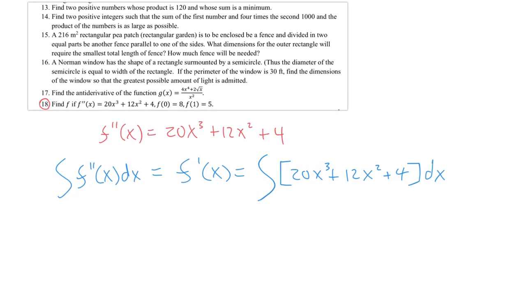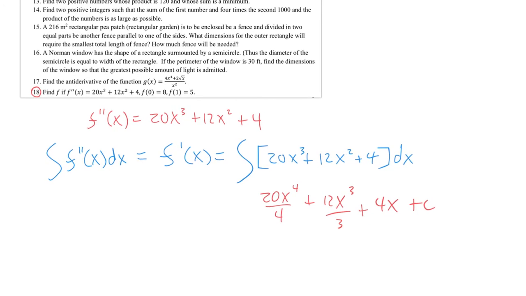So this will be a straight up power rule situation. So it's going to be 20 x to the fourth all over 4 plus 12 x to the third all over 3 plus 4x. And then it is plus c. And then we could call that 5x to the fourth plus 4x cubed plus 4x plus c.